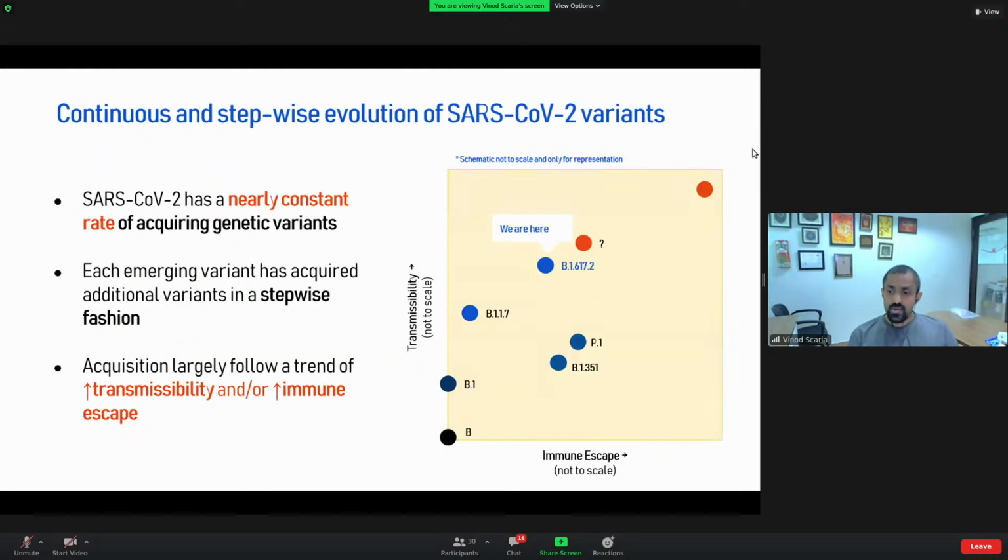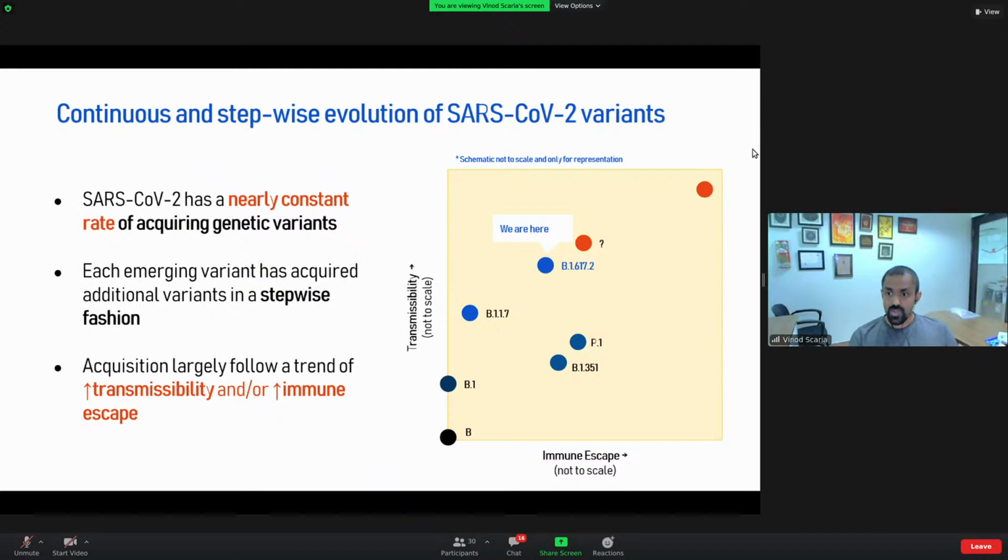Now, in terms of a landscape of how the virus is emerging, the virus has taken multiple different steps, either moving horizontally up in terms of increasing transmissibility, or stepping sidewise to increase immune escape.